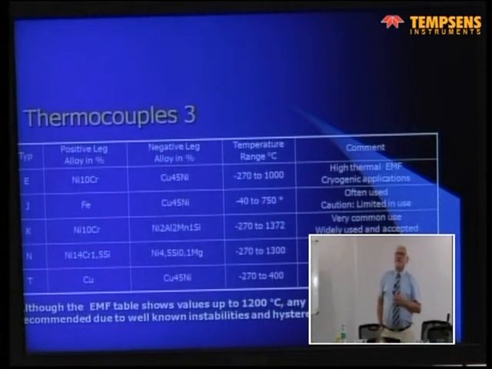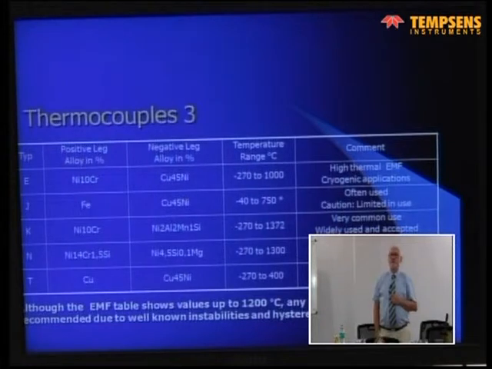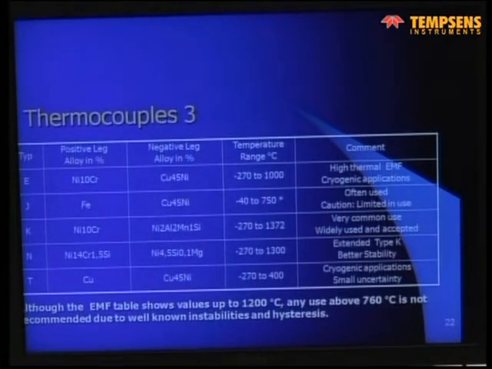For type J, it's a little bit seldom. The ASTM E230 gives tables for type J up to 1200 degrees.